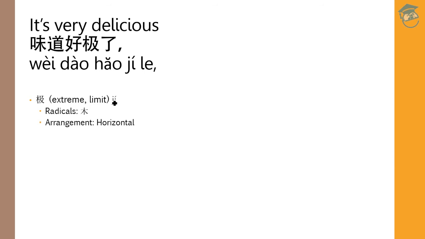So this is the pinyin 极, and the radical is this one. What's on the left there? The arrangement is horizontal, so you have left and right components.